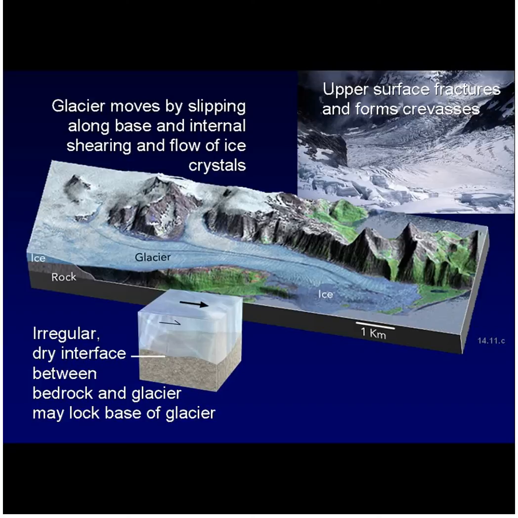If we look at these processes of movement in a little bit more detail, we can have situations where the base of the glacier, and this is typical of certain types of glacier, is locked. So it's frozen at the base, and there's no movement at the base.